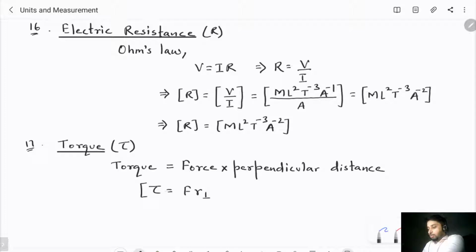So the dimensional formula for torque will be same as that of force into perpendicular distance.